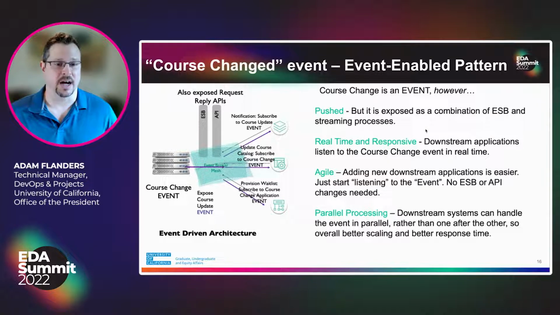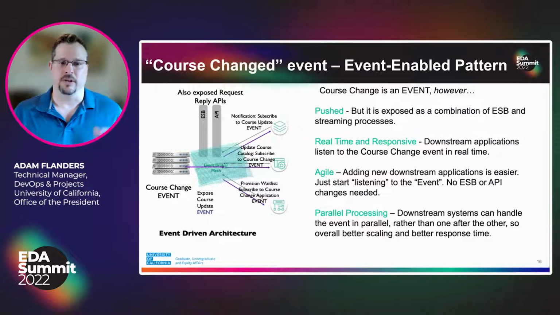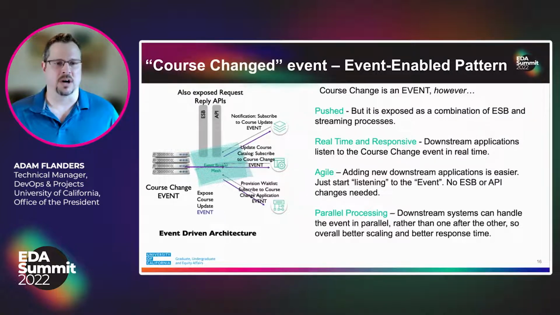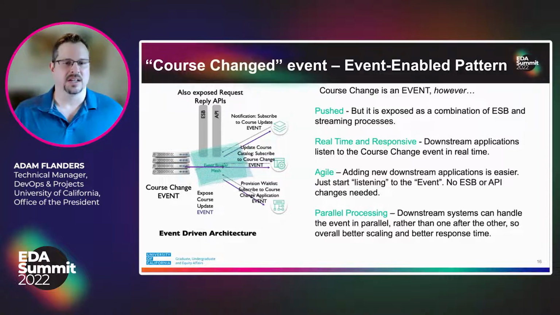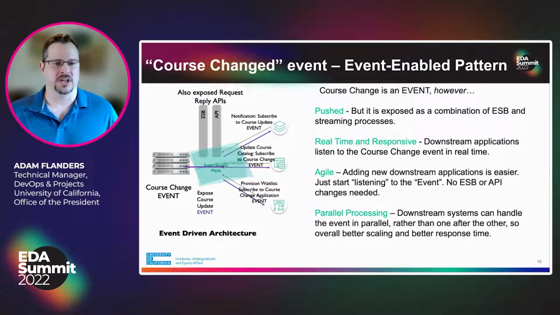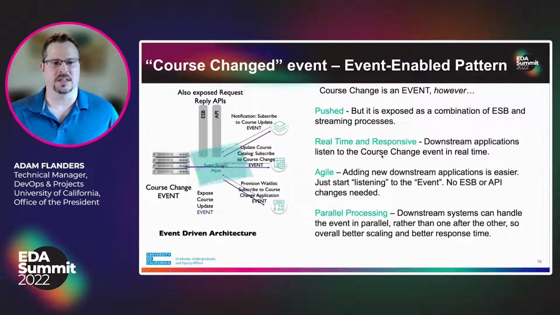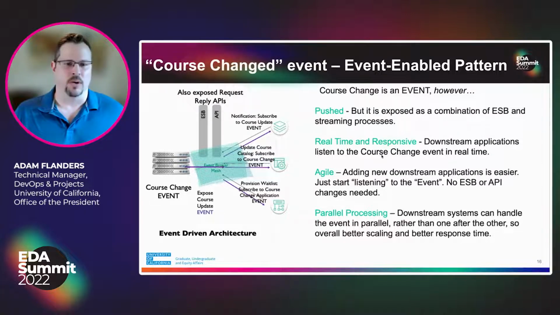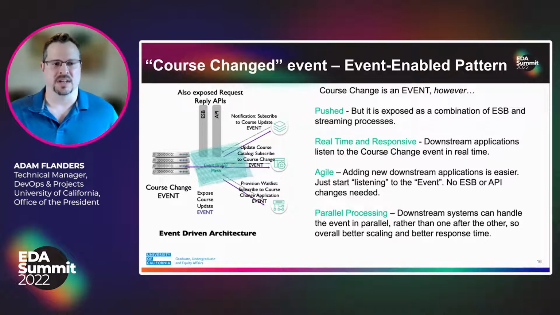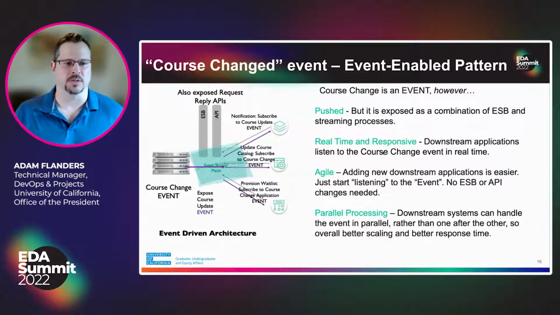It was real time and responsive, where the downstream applications were just constantly listening for the change of that event in real time. It was agile, where we could easily add new downstream applications, and those applications would then just need to listen to that event. So no enterprise service bus API changes were needed, no programming teams were needed, no downtimes as well.